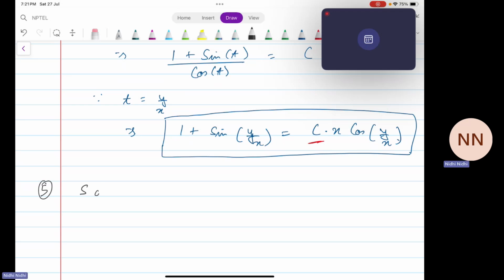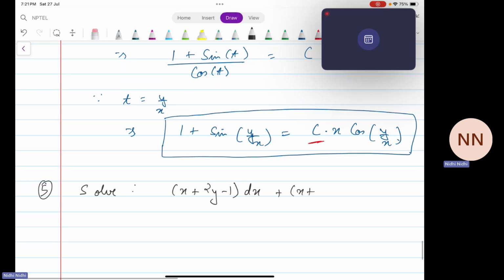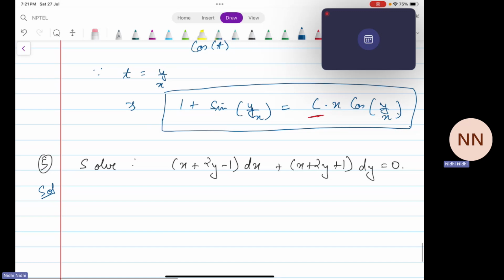Solve x plus 2y minus 1 dx plus x plus 2y plus 1 dy is equal to 0. Solution.